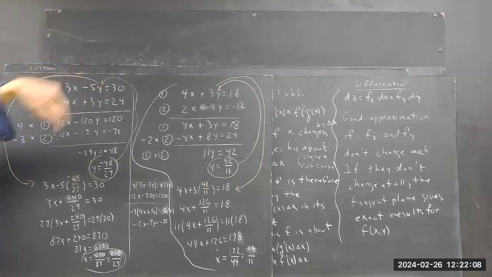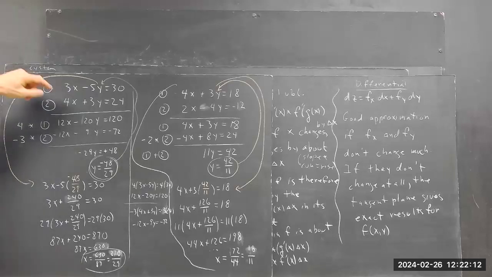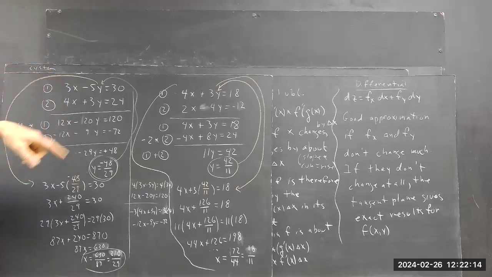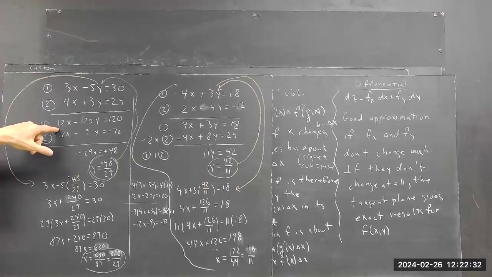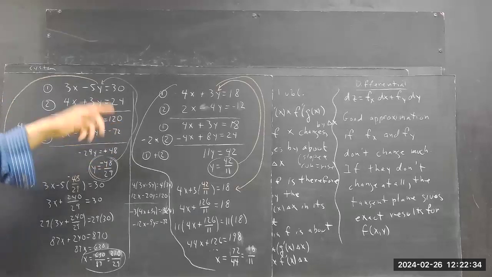Okay, here's my system of equations. We figured out that if I multiply 3 by 4, I get the same thing as I multiply 4 by 3. So I just take these two numbers and multiply each one by the other, and I get the same thing, obviously. Okay. Now, if I multiply the first by 4 and the second by -3, I get these two equations, and we can check that out.